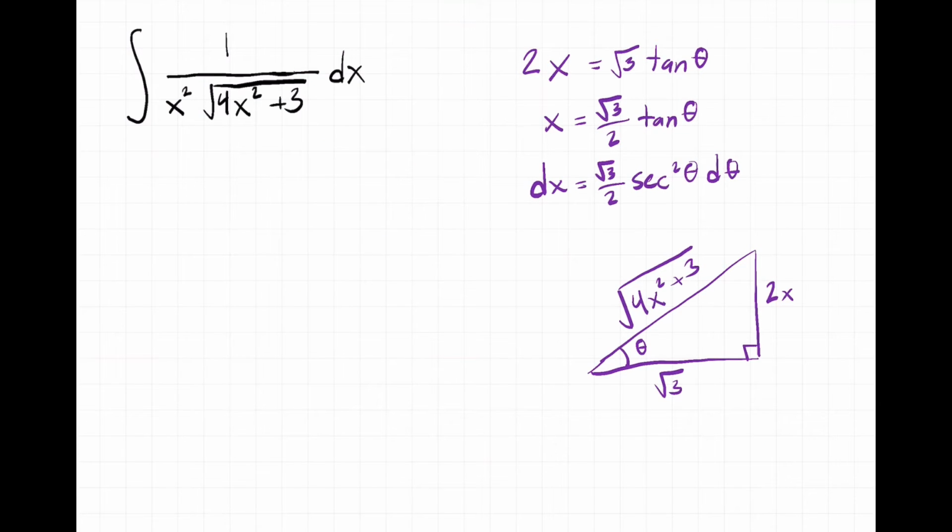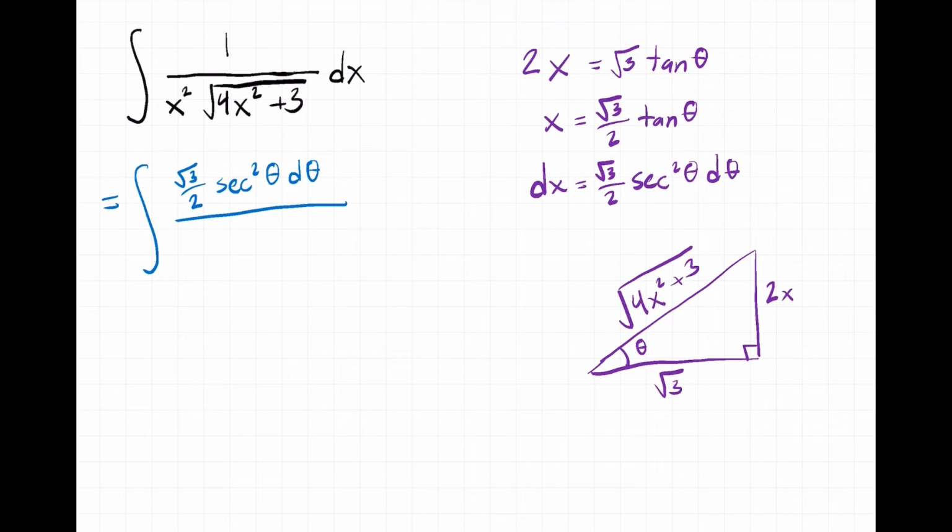Now we're ready to do our full substitution into this integral. So we have, let's see, the integral of, well, that dx over there is on the right-hand side, but it's really being multiplied, which means it's really on the top here. So let's put that dx on the top. We know that dx is equal to root 3 over 2 secant squared theta d theta.